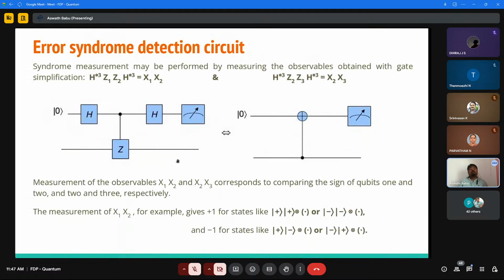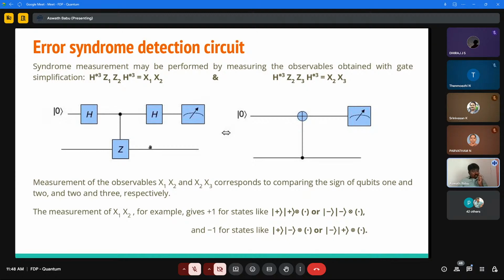Here you see, usually this is a control Z gate. Depending on the control, the target gets changed as per the Z operation. Instead of that, if you add two Hadamard gates at the control, information flows in a reverse fashion. It just becomes like a control NOT gate from the bottom to top. So this kind of equivalence actually exists in quantum circuits.